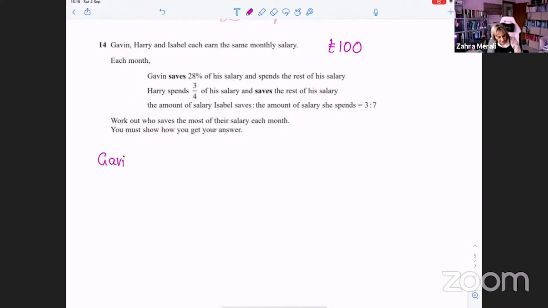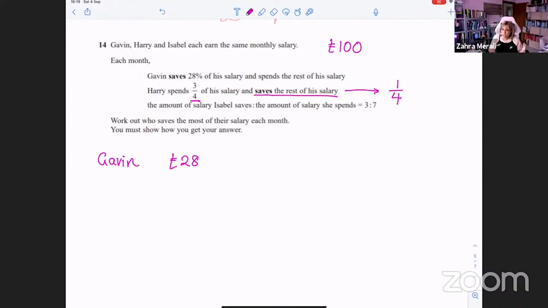So Gavin saves 28%. So straight away, we know he saves £28 because 28% of 100 is 28. Harry spends 3/4 of his salary and saves the rest. So that means he's saving 1/4. So if we have a whole one, we get rid of the 3/4, we're left with 1/4.